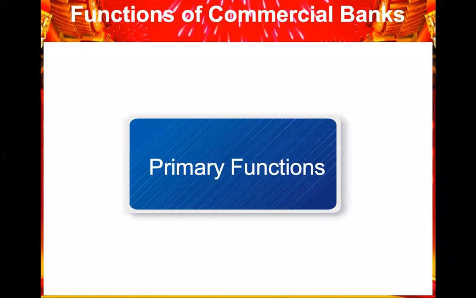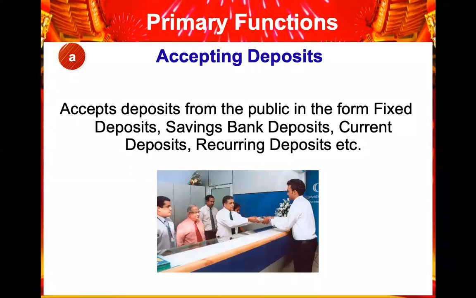The primary functions of a commercial bank are: the first one, that is accepting deposits. Now we discussed what exactly commercial banks do. They accept deposits from various customers, right? Accepting deposits from the public in the form of fixed deposit, saving bank deposit, current deposit, and recurring deposit.